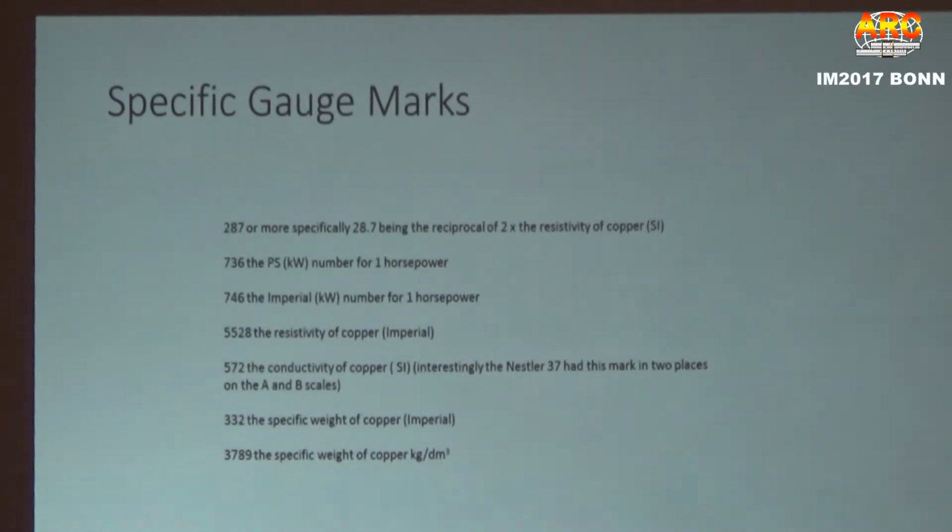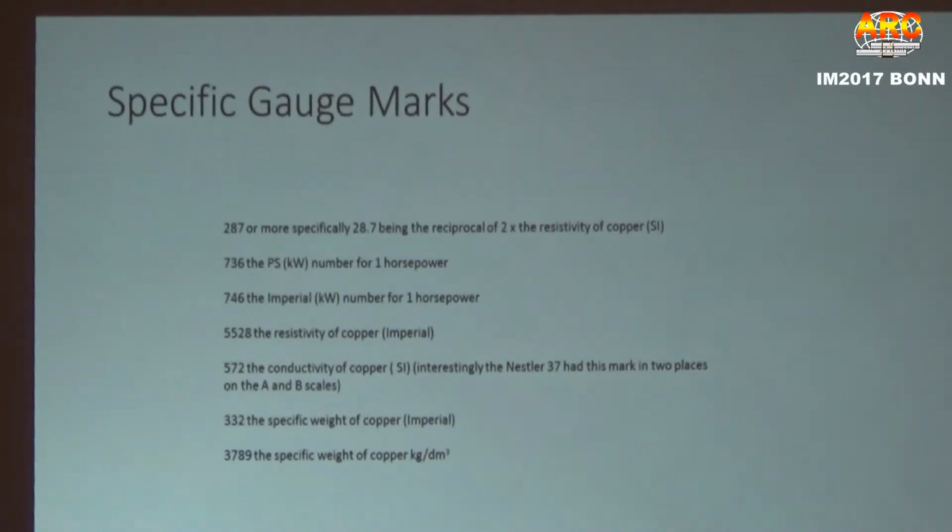And interestingly, if you look at the Nestler 37, for instance, it had that mark in two places on the A and B scales over the 2 decade scale. You also have specific weight of copper and specific weight of copper in the SI units, or not quite the SI units, but the metric systems.